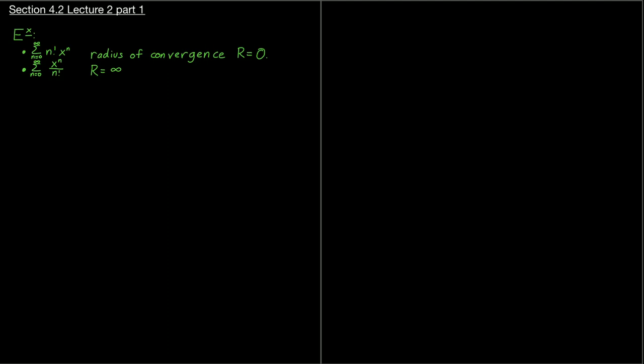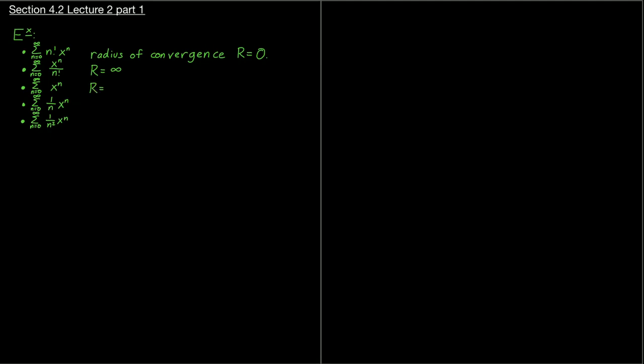Now let me give you 3 power series that all have the same radius of convergence. We've got the geometric series. We've got 1 over n as our coefficients, and then let's have 1 over n squared as our coefficients.